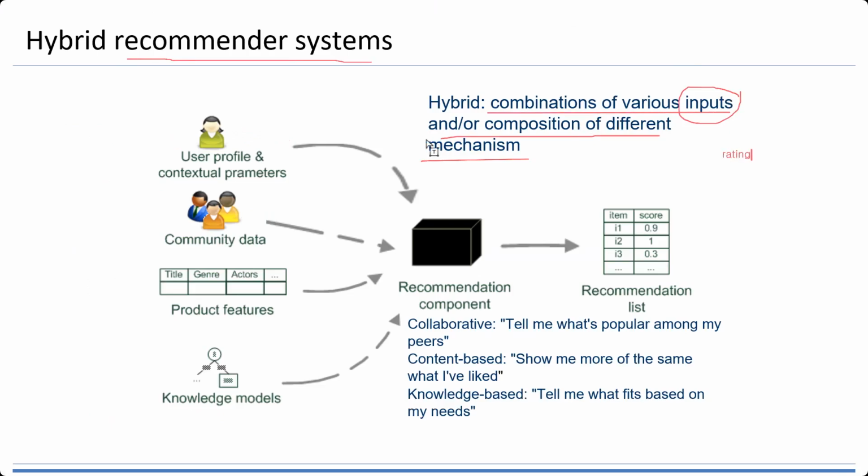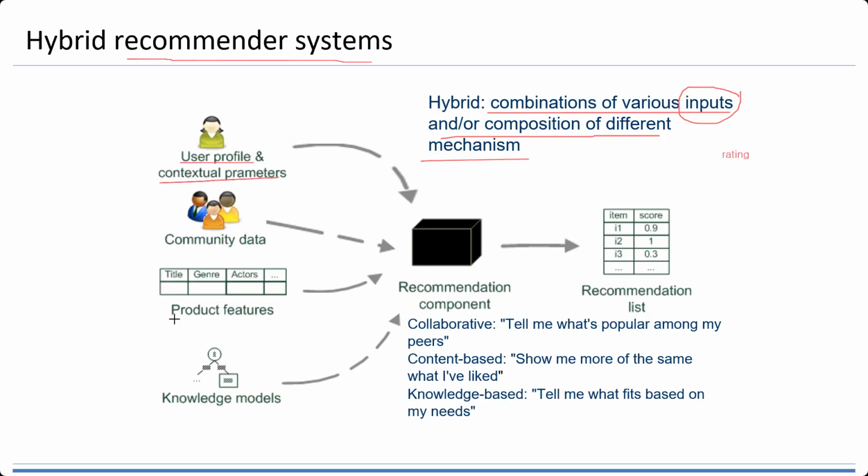Rating means we know about the community data. People give rating 5, people give rating 3, and so on. Or we can also get some user profile. Who are the users? Or sometimes we also see the contextual parameters: where is the user, when the user gave the rating, when the user watched the movie, and etc.